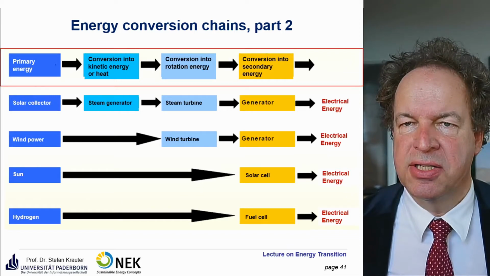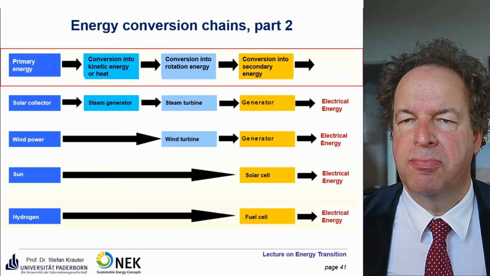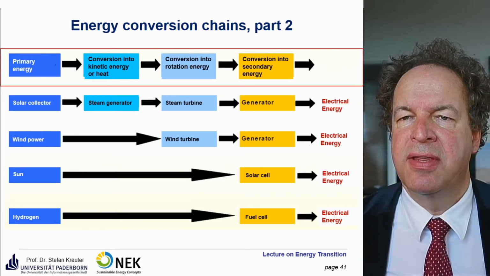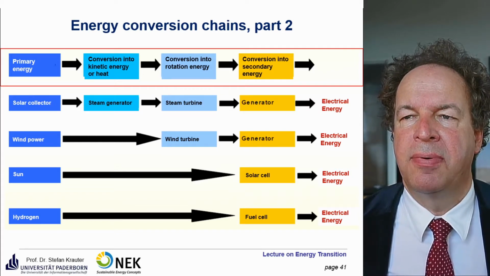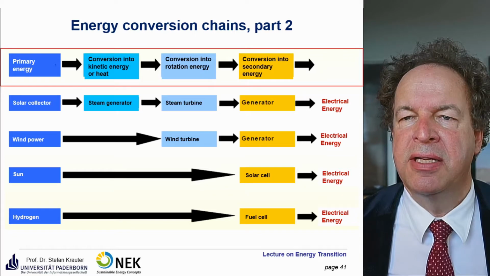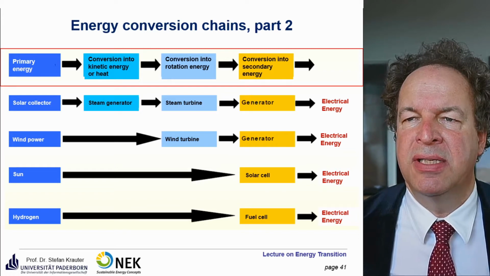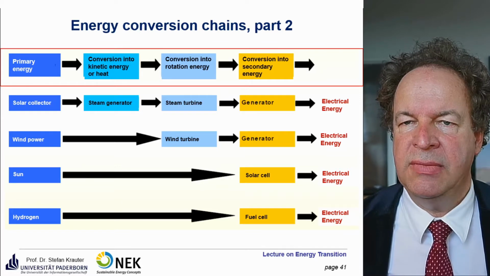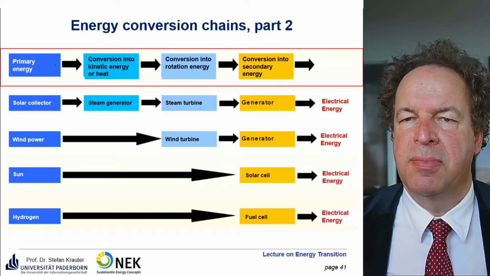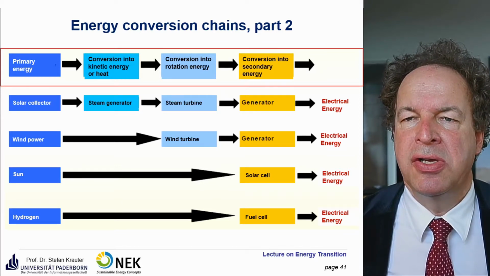The upper line is just the same as before, just the basic principle. If we then on the second line use a solar collector, we can heat up water or any other medium and create steam. This steam goes to a steam turbine, and we have a generator of electrical energy. Another possibility is using wind power. We don't need any intermediates.